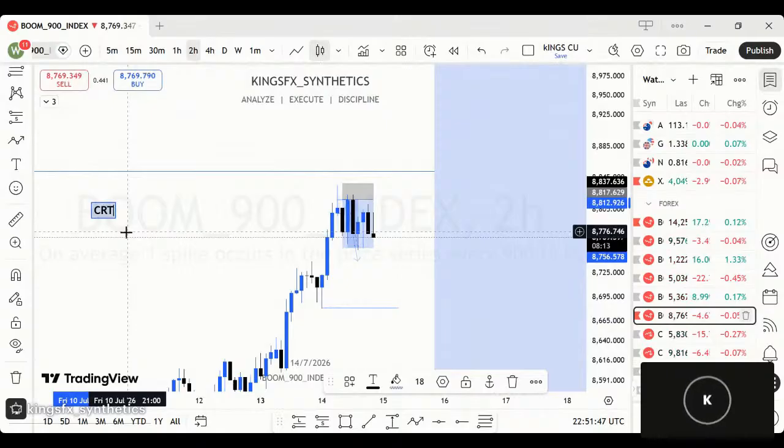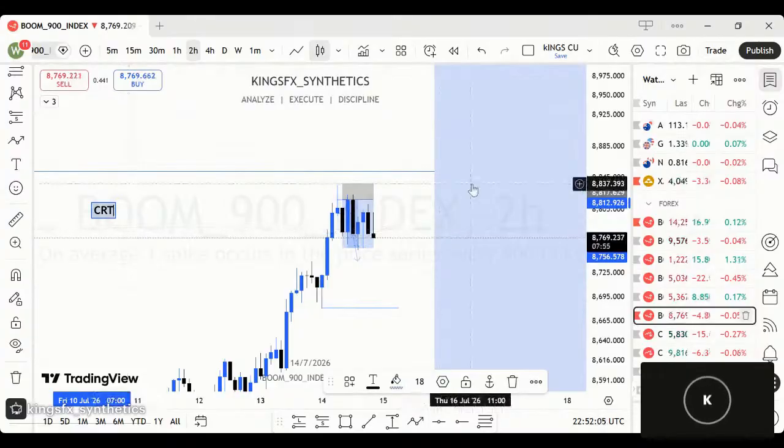If you have heard about the CRT, indicate in the chat. Let's know if you know what we are talking about. Candle range theory.